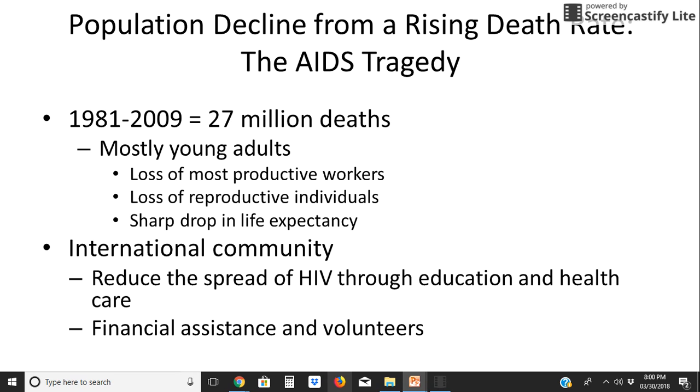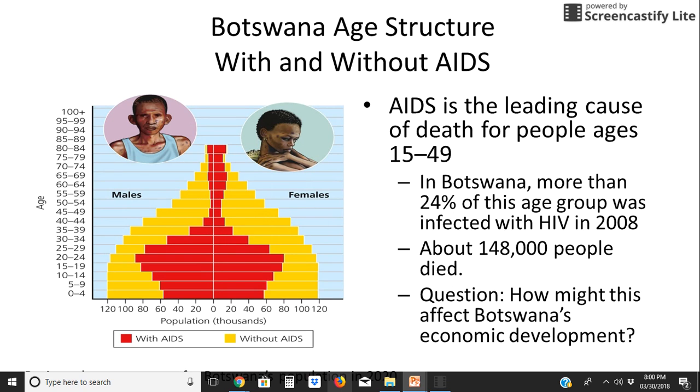And there's also financial assistance and volunteers to help educate and to help with the healthcare of these populations that have a high rate of HIV. So an example would be Botswana. And so with AIDS, you can see that the population drops off very quickly. And so a lot of people died.